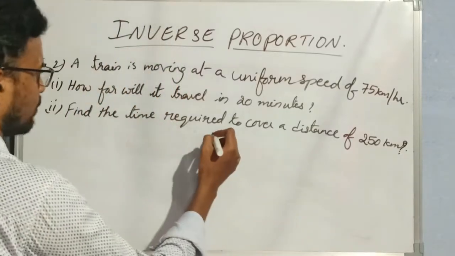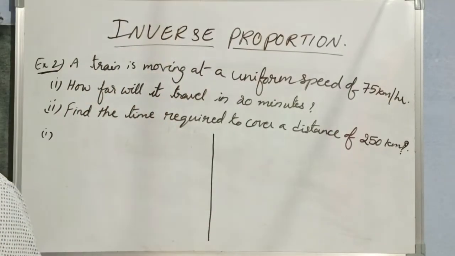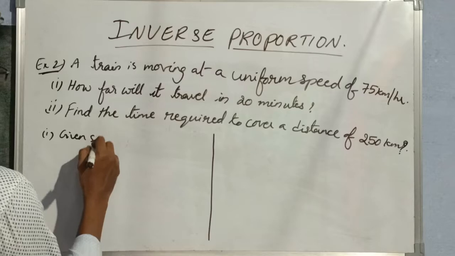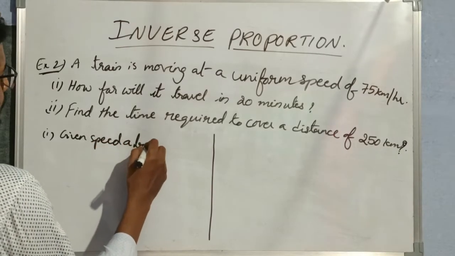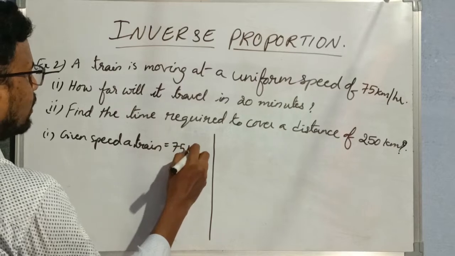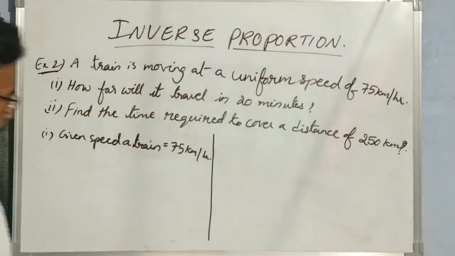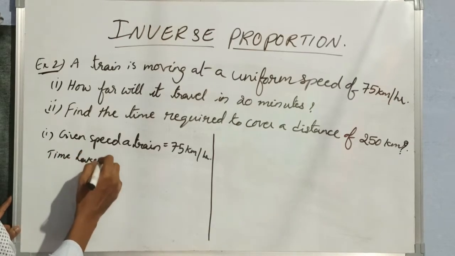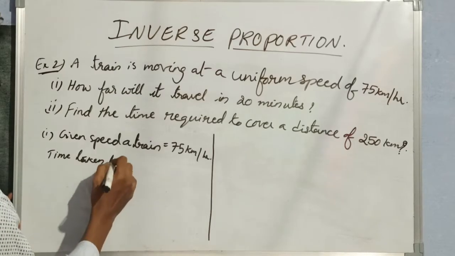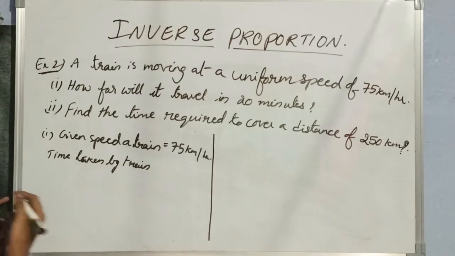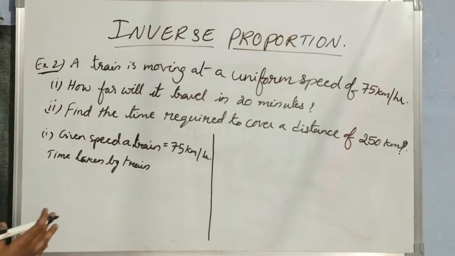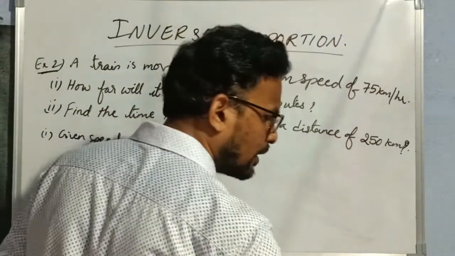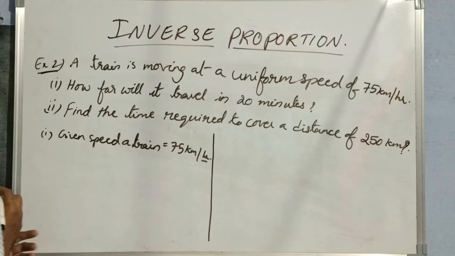So first let us solve our first point. Given speed of train, how much? 75 kilometers per hour. It means the distance travelled by train is 75 kilometers in 1 hour. 1 hour is equal to how many minutes? 60 minutes.